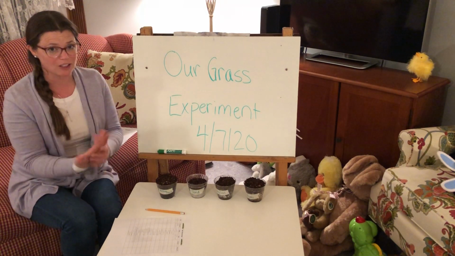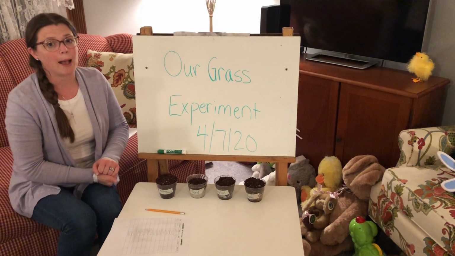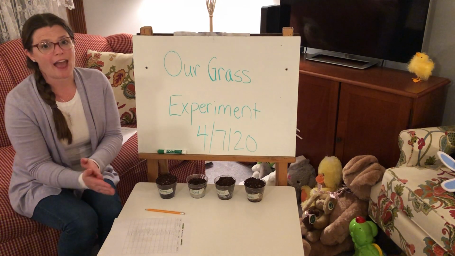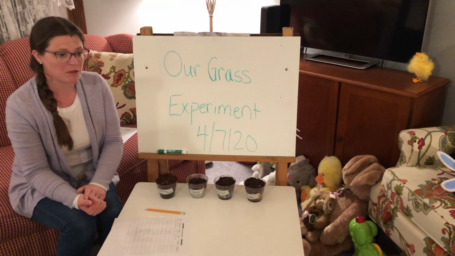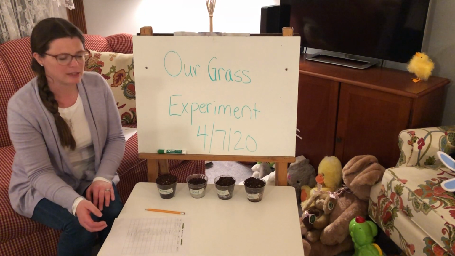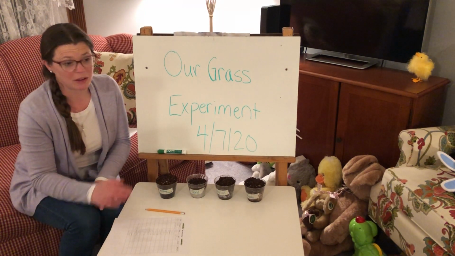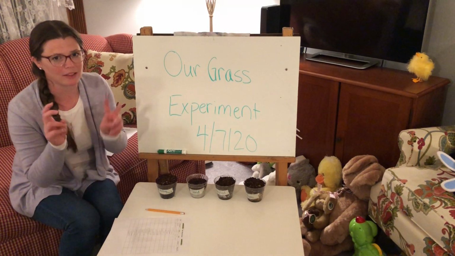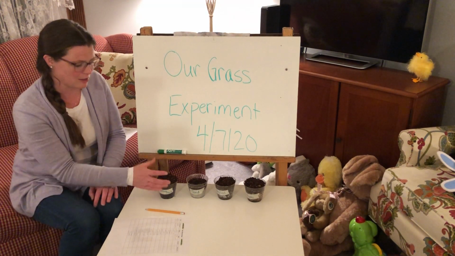So that was our first day of observations. We are going to be doing this every day until I feel like the grass is grown, it looks the same every day. It'll get to a point where I'll give some of them a haircut, like mowing the lawn, but I'll use scissors because they're in little cups.